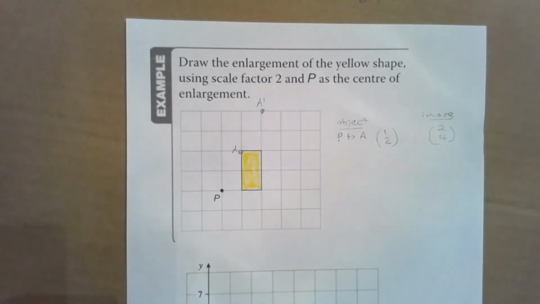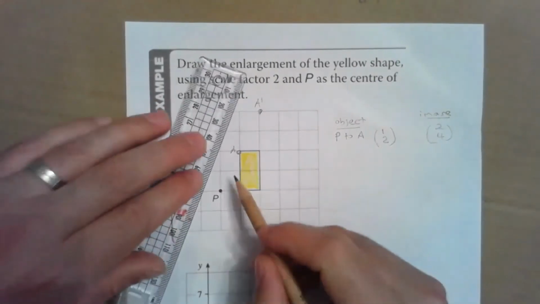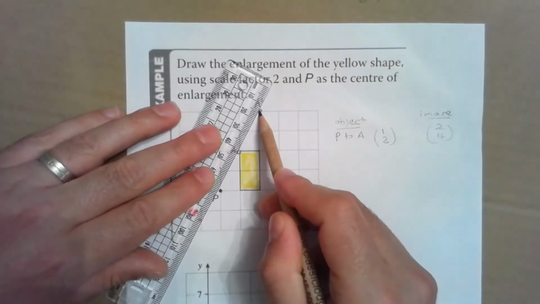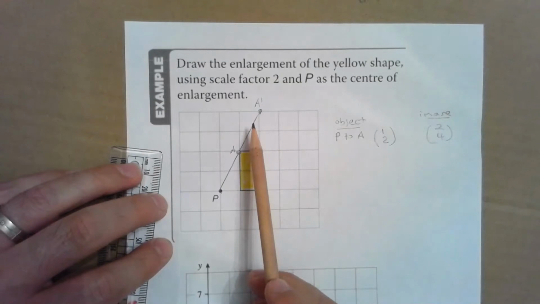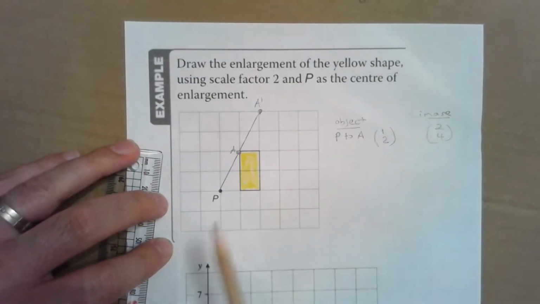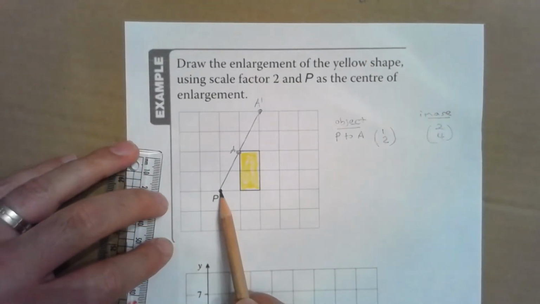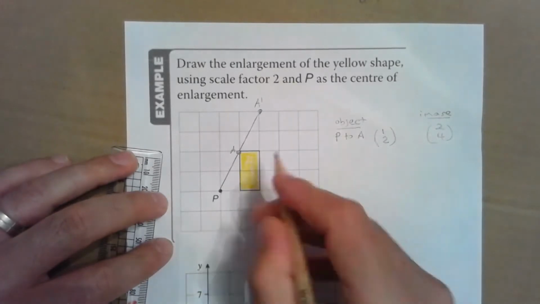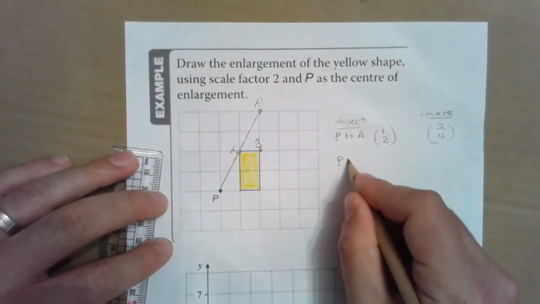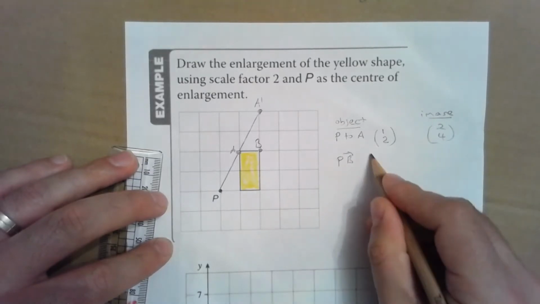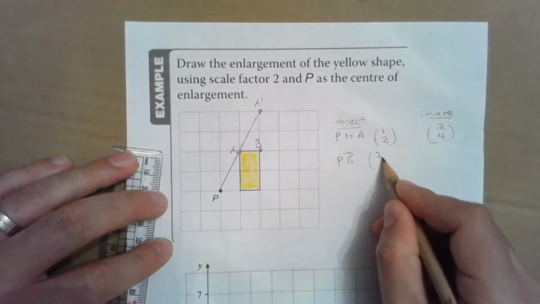Okay, so we will find that the corresponding corners will be in line with the center of enlargement. So if you do this one, call that B. P to B is 2 right, 2 up.